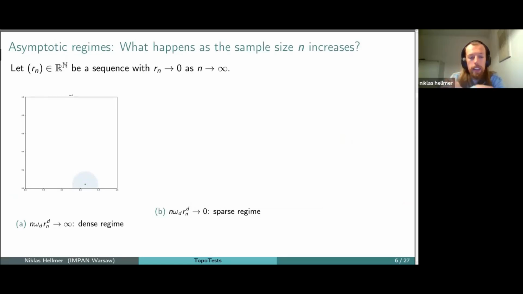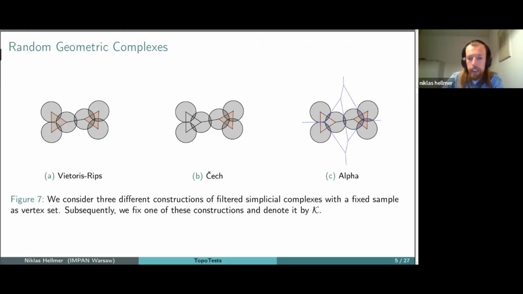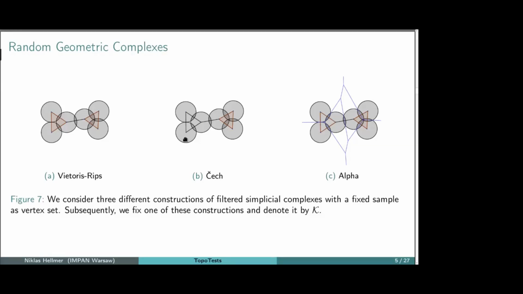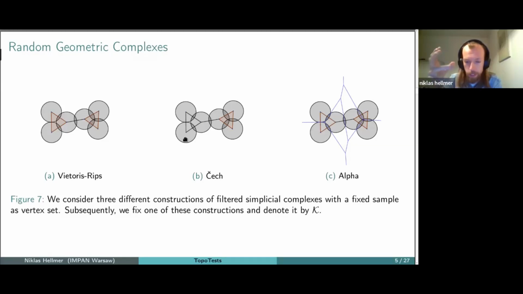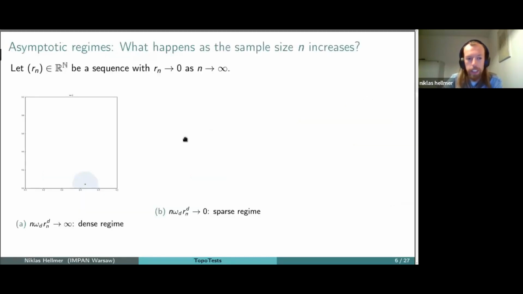So, you know this idea of Čech and alpha complexes, filtered complexes. There's this idea of growing balls, right? People in topological data analysis like to think of unions of growing balls. But in this context, now the animation is not, well, now it's playing, okay.